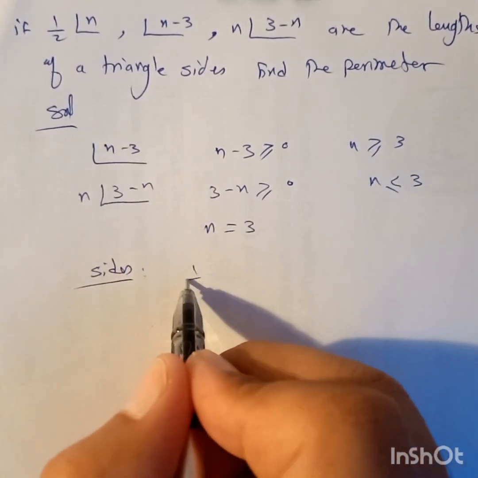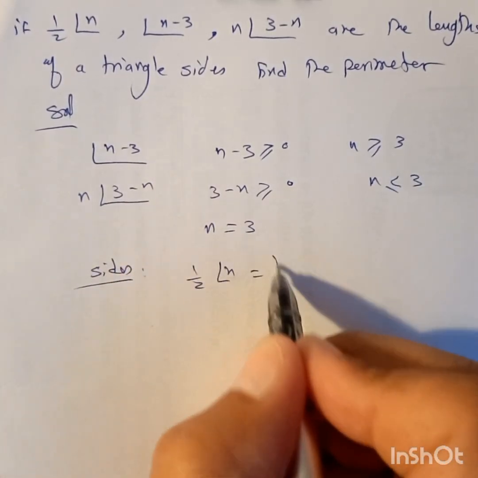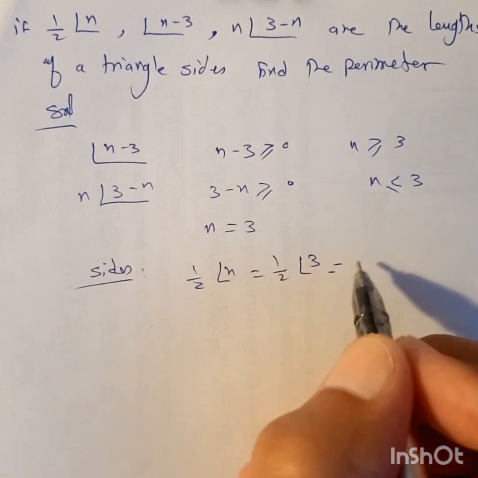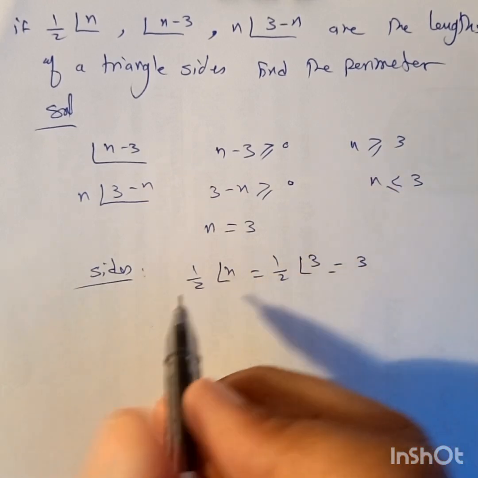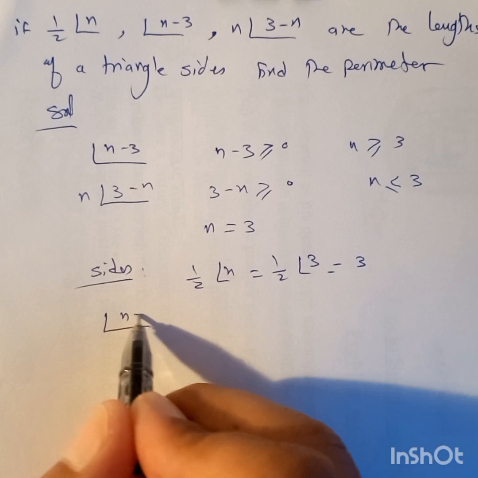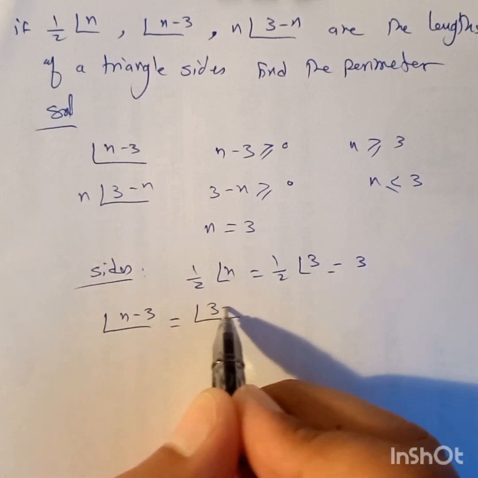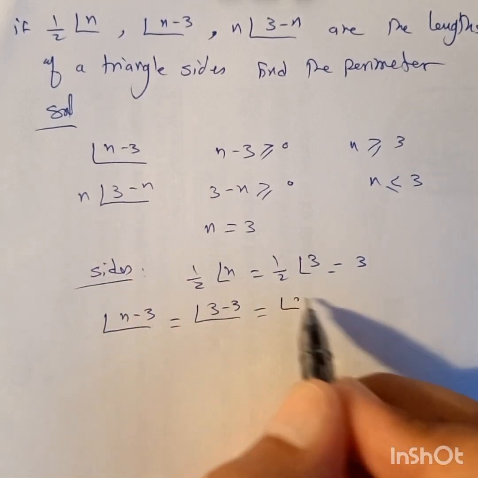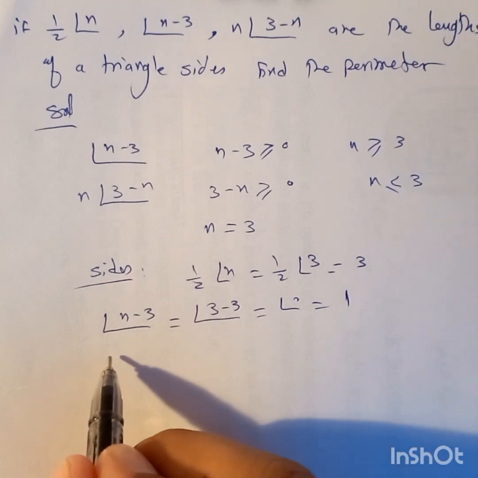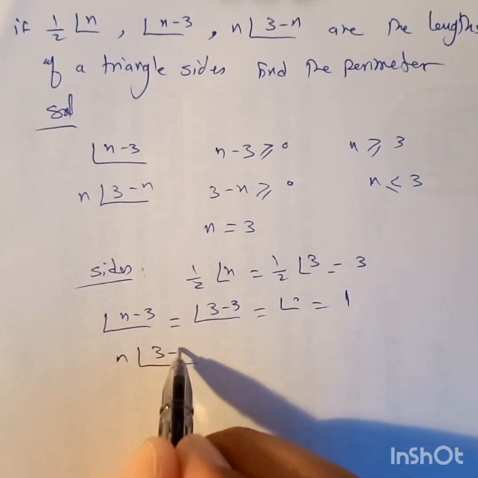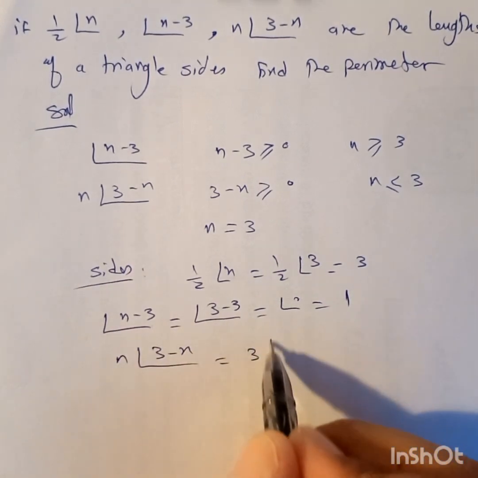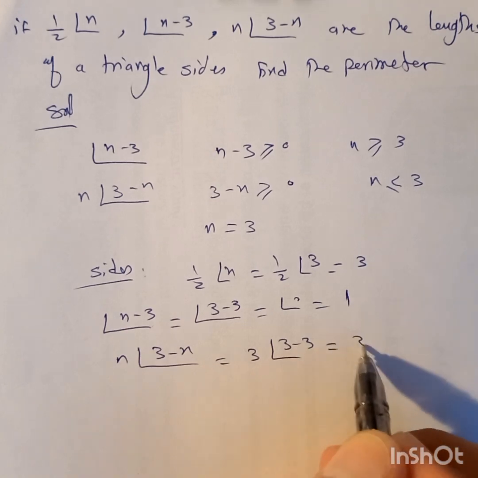Then we have the side lengths. Factorial of n equals factorial of 3, this equals 6. And we have factorial of n minus 3 equals factorial of 3 minus 3 equals factorial of 0 equals 1. We have here also factorial of 3 minus n, this equals factorial of 3 minus 3, this equals 1.